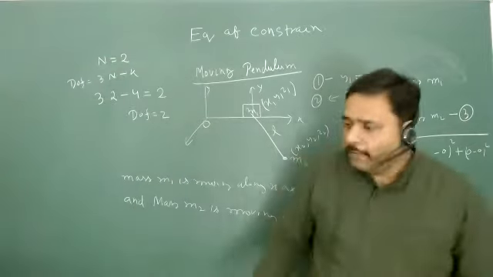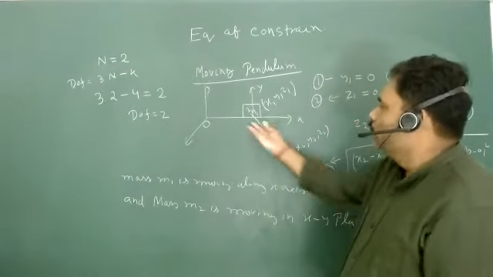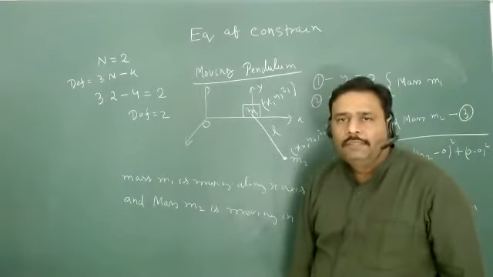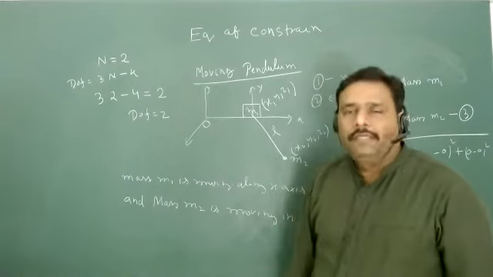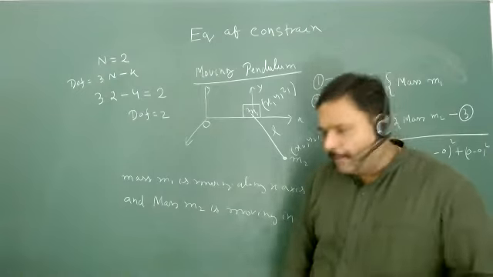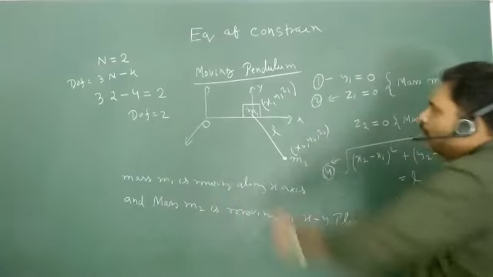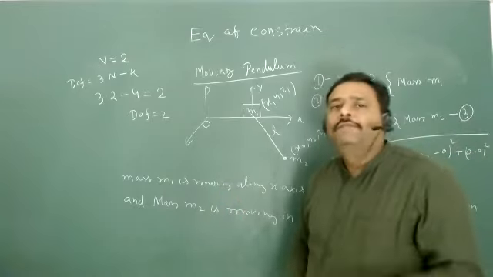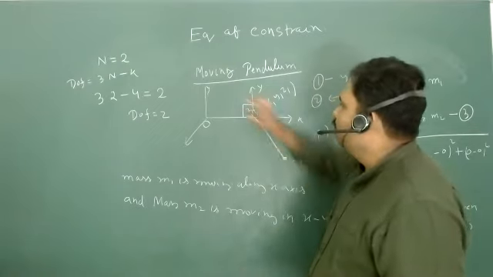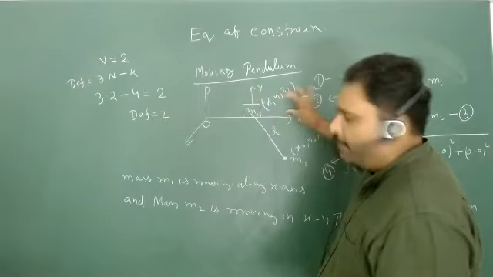Now, how will you visualize these two independent motions? If there are 2 degrees of freedom, that means there are 2 independent motions. How will you visualize this? Are you able to visualize it in Cartesian coordinates? Yes, you can visualize one independent motion for mass m1 and m2, that it can just move something like this.